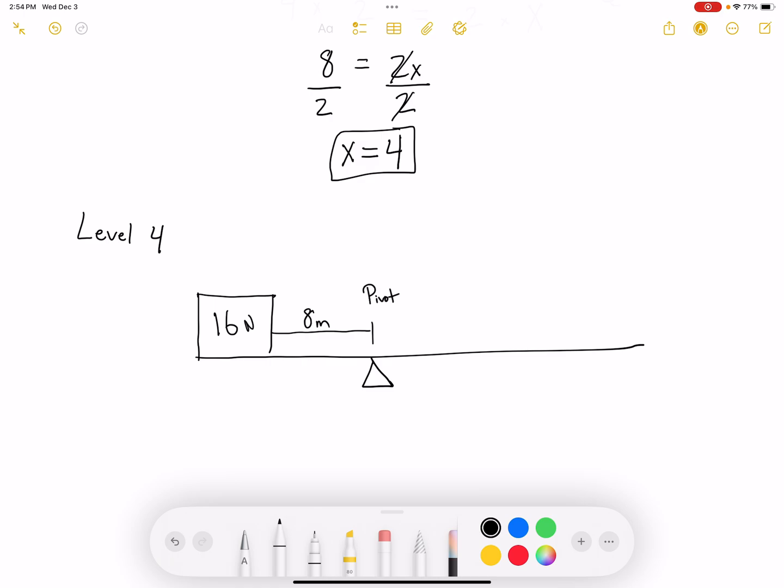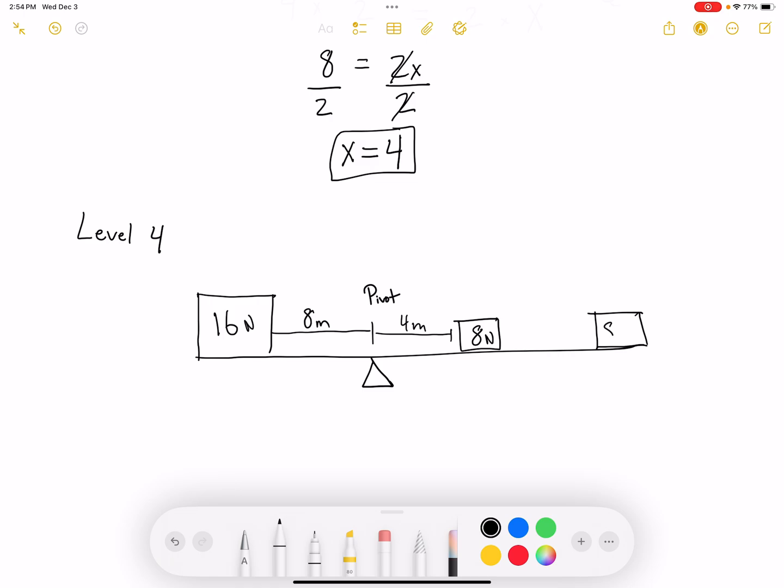Now over here, I'm going to balance this with 2 different blocks. One block here and one block here. Okay, block number 1, I'm going to give you some information about. It is 8 newtons worth of force, and I'm going to put that at about, let's call this 4 meters away from the pivot.